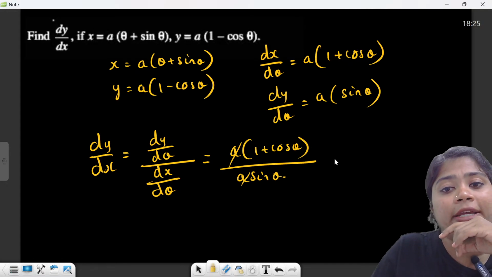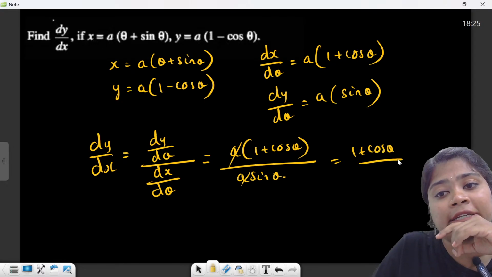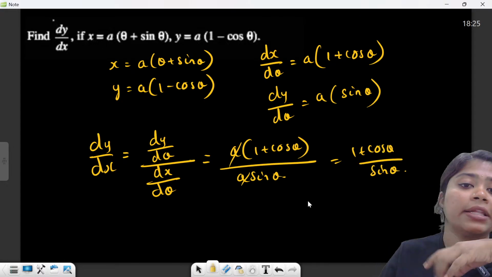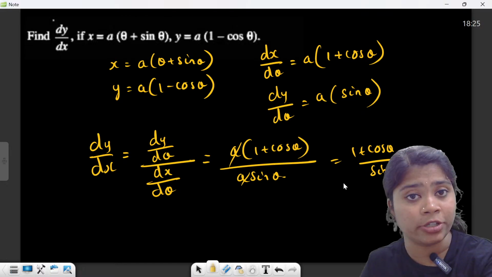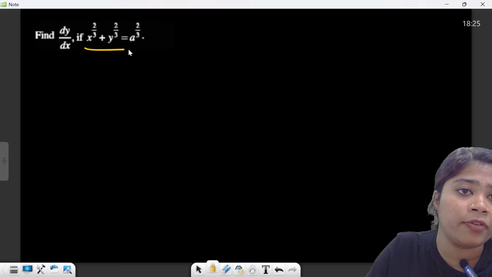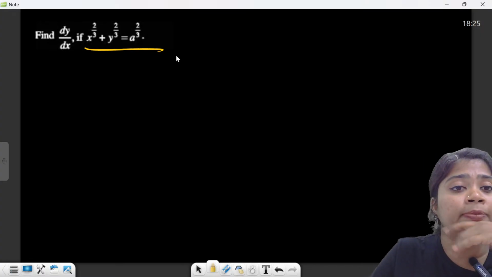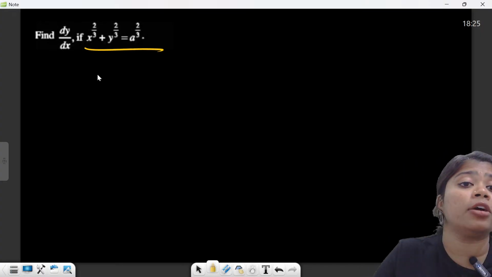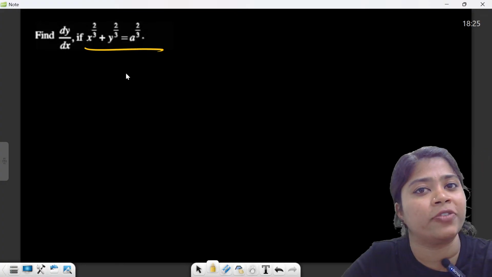So you will be getting 1 plus cos theta divided by sin theta. That's it. I hope you guys understood, right? Parametric differentiation. So here we have what? Implicit function. So here we are going to differentiate. This is also a different question, right?